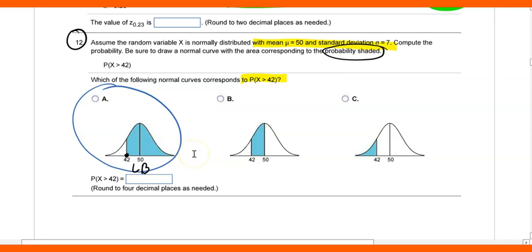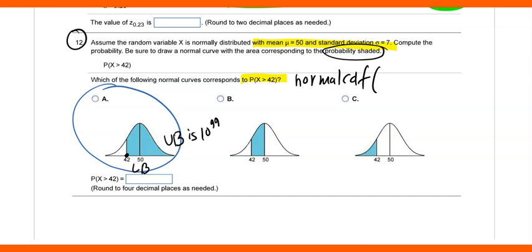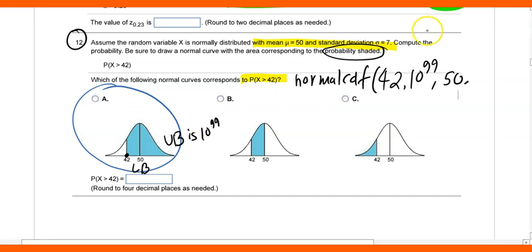The upper bound we don't know, therefore the upper bound is 10 to the power 99, the mean is 50, and the standard deviation is 7. So normalcdf: lower bound 42, comma, upper bound 10 to the 99, mean 50, standard deviation 7. Put it in the calculator and you get the answer for number 12.